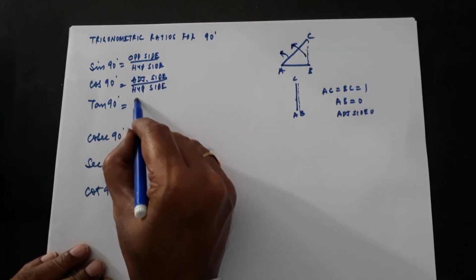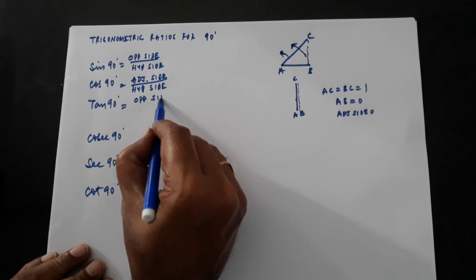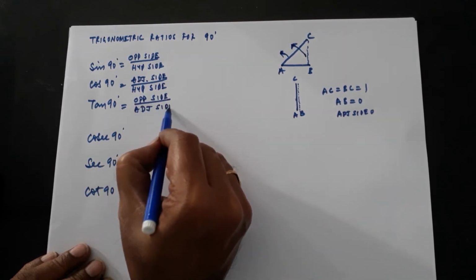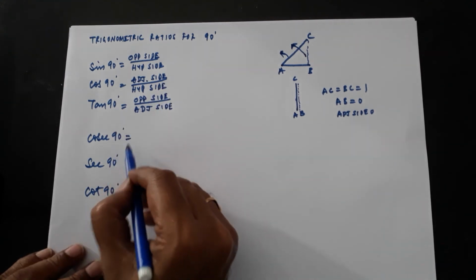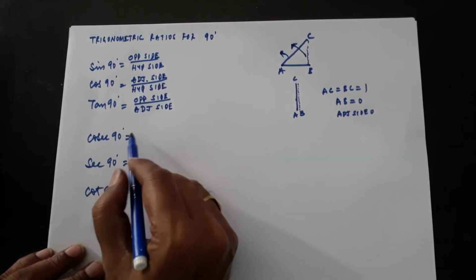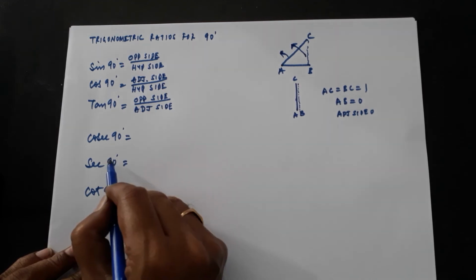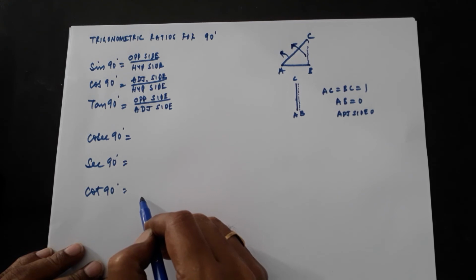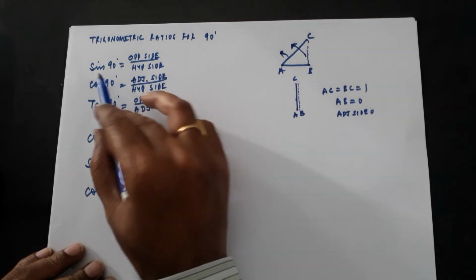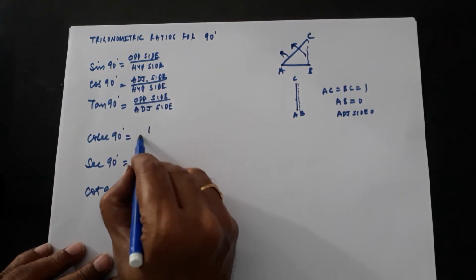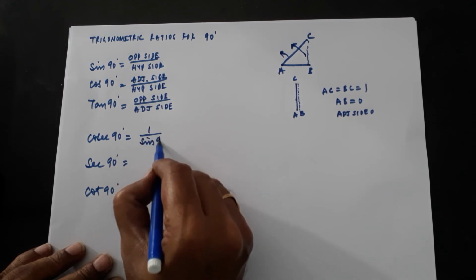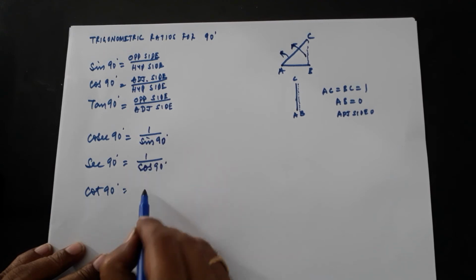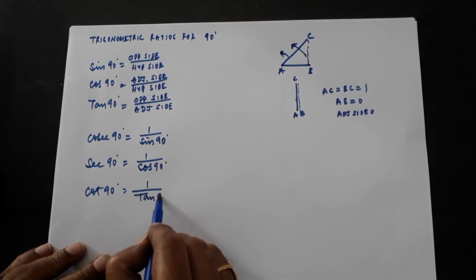Tan is opposite side by adjacent side. Cosecant is hypotenuse by opposite, secant is hypotenuse by adjacent, and cotangent is adjacent by opposite, which are the inverses of these three.